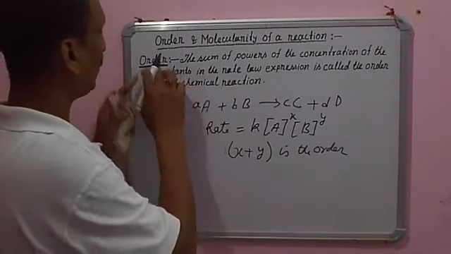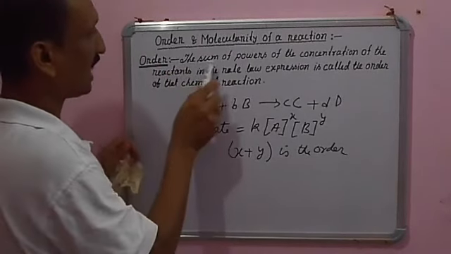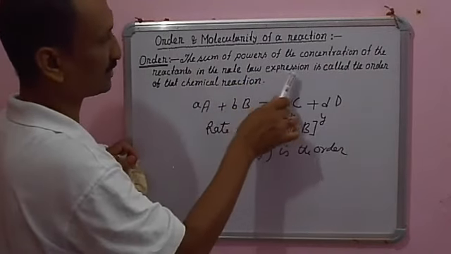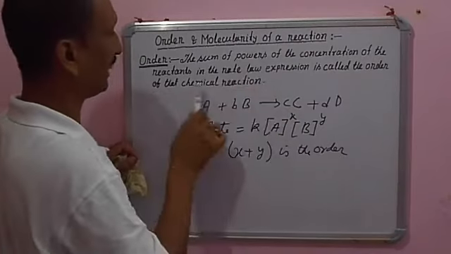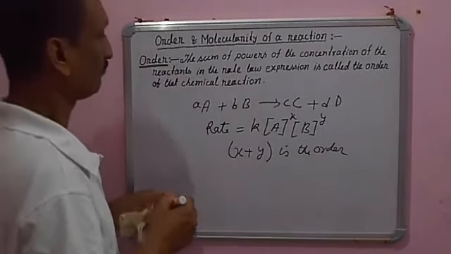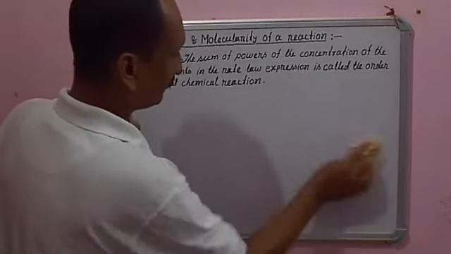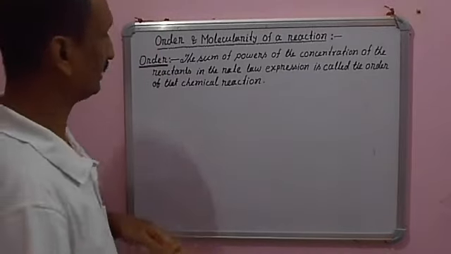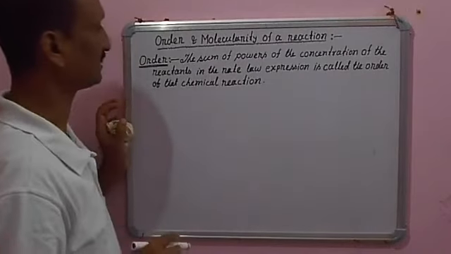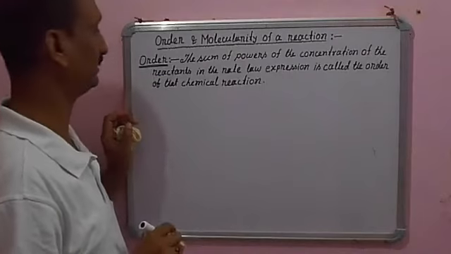So how is order defined now? The sum of powers of the concentration of the reactants in the rate law expression is called the order of that chemical reaction. This rate law is totally obtained from the experimental analysis, so order is also an experimental quantity.